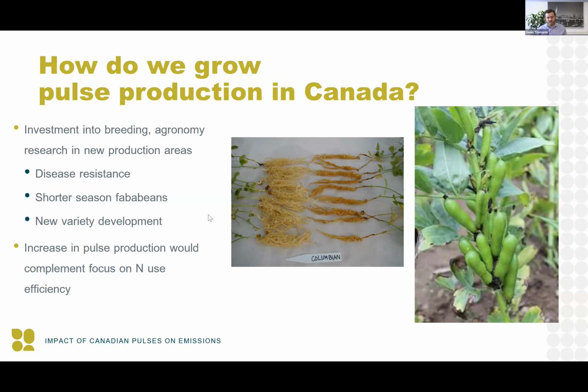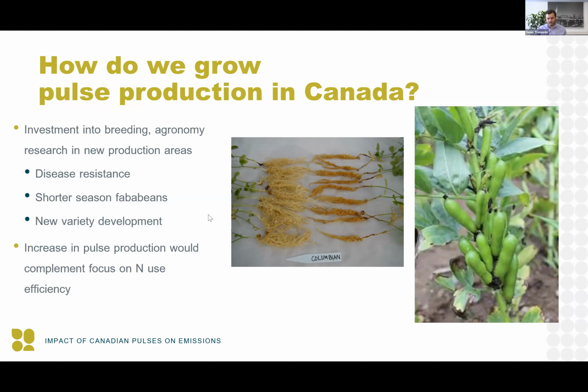But really, root disease is the issue when it comes to things like peas and lentils. They really don't like wet feet, and we need to figure out how we can get genetics and germplasm with stronger root systems that can really hold back these issues with root disease. That's going to be a really key component to the research programs going forward. So new variety development is going to focus on that.